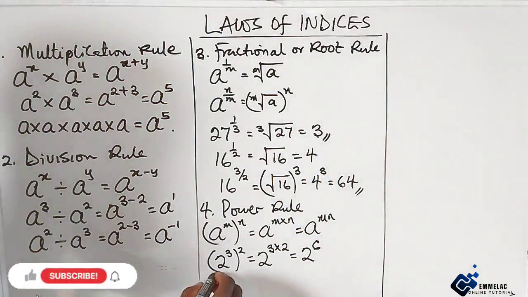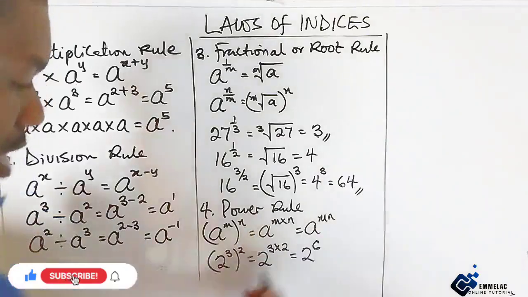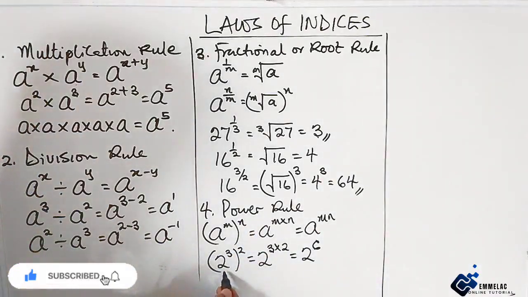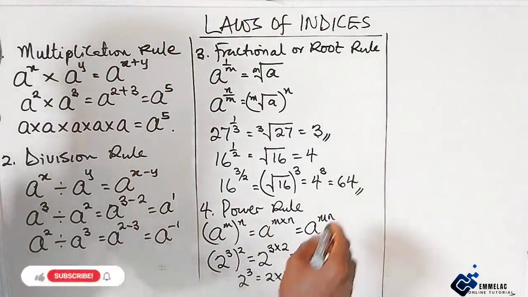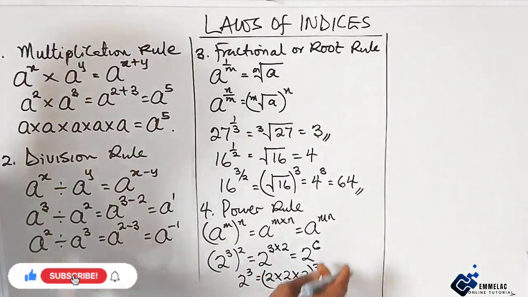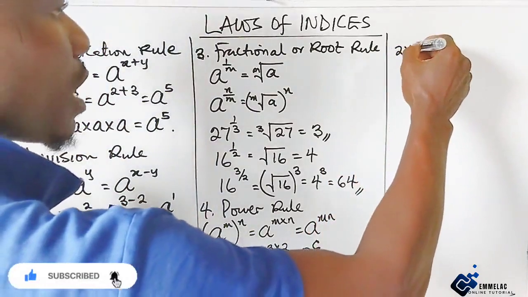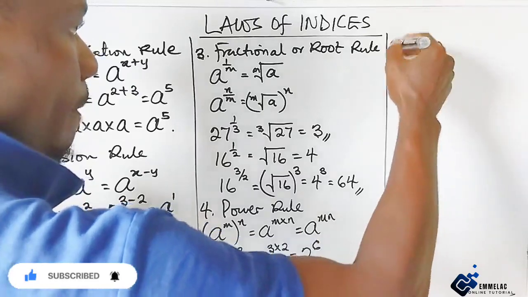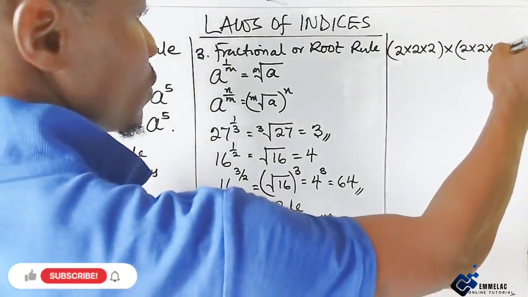Expanding this, 2 raised to the power 3 gives you 2 times 2 times 2. Which also means 2 raised to the power 3, all raised to the power of 2, and when you expand this again, it is the same as 2 times 2 times 2 times 2 times 2 times 2.